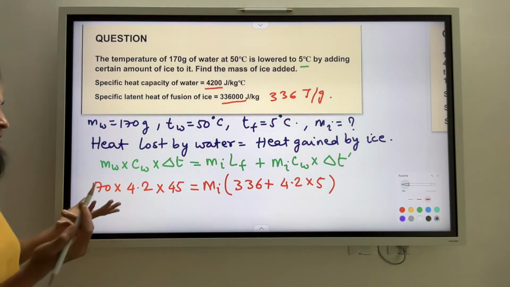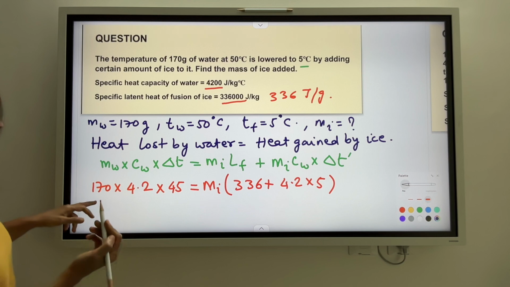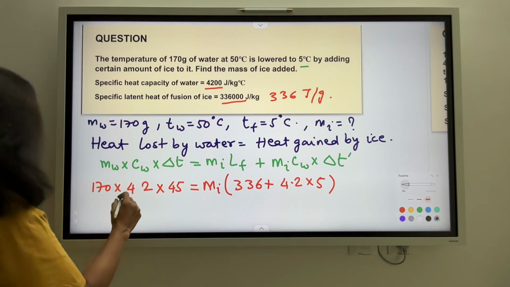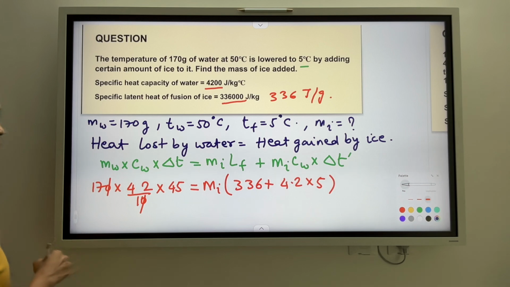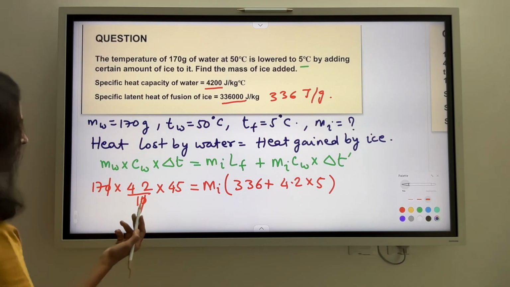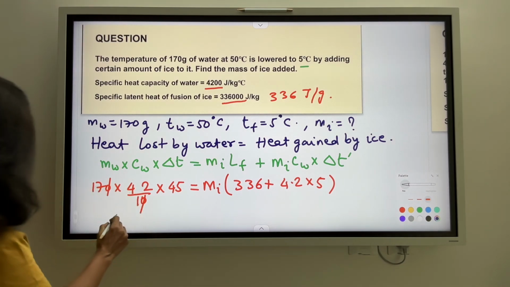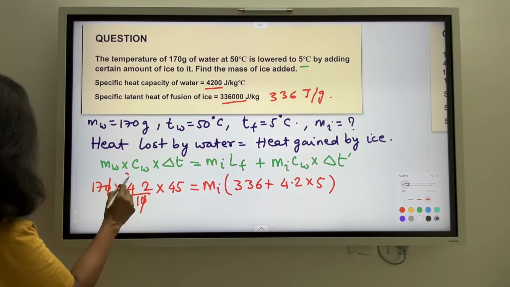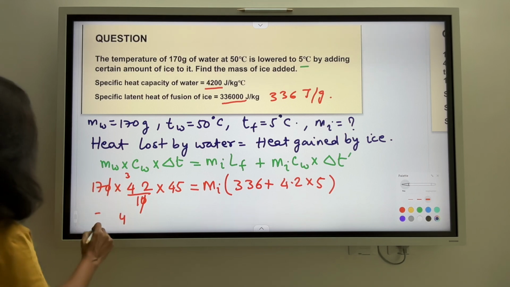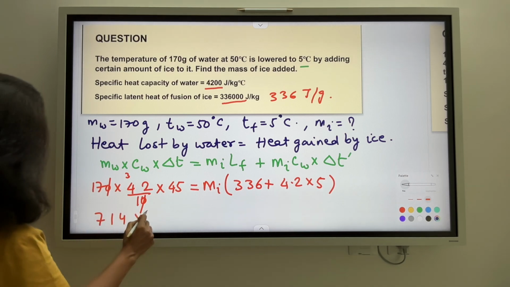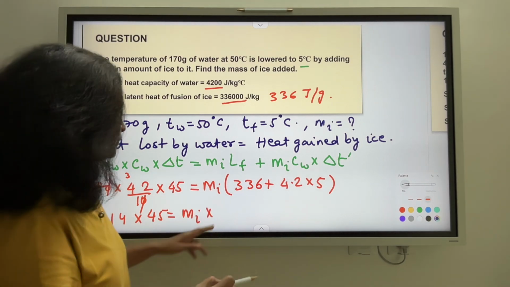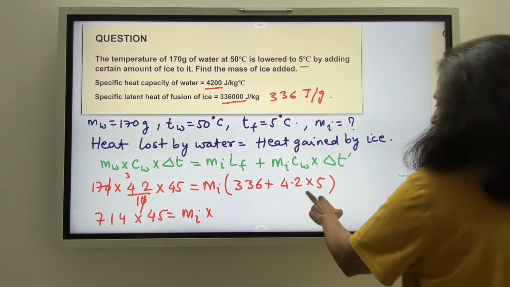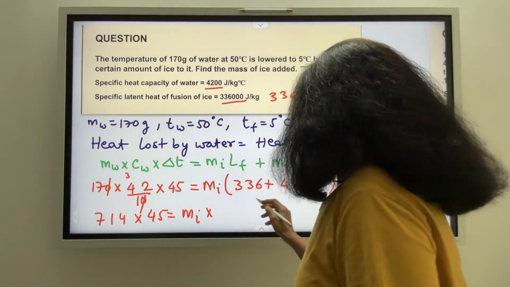Now calculations are required. I can write 4.2 as 42 by 10. The 0 0 is gone. What else do I have? I need to just calculate, nothing else here. So 17 to the 34, 4 3 68, 71 into 45 is equal to mass of ice into 336 plus 21. 21 is how much?